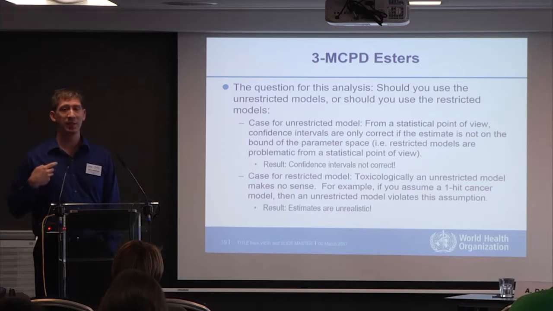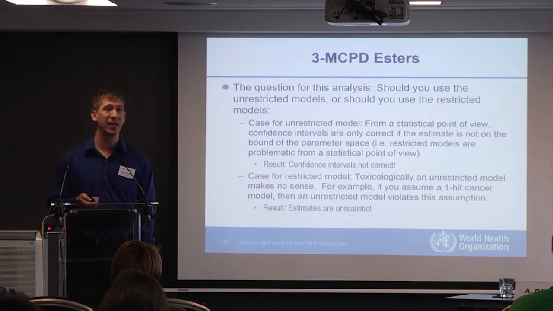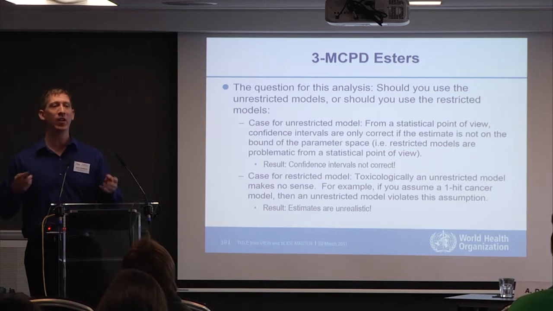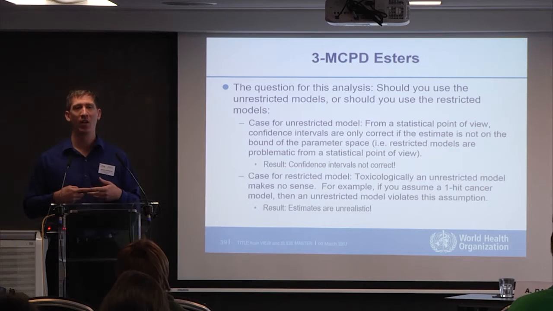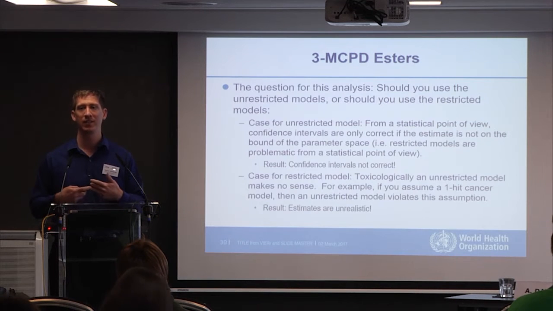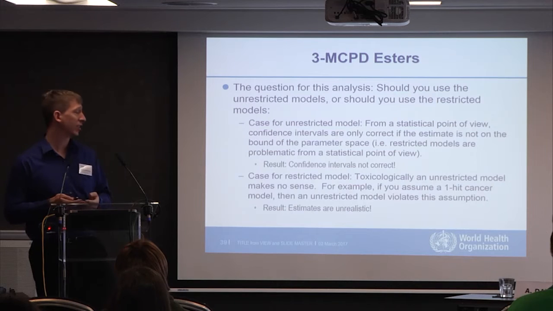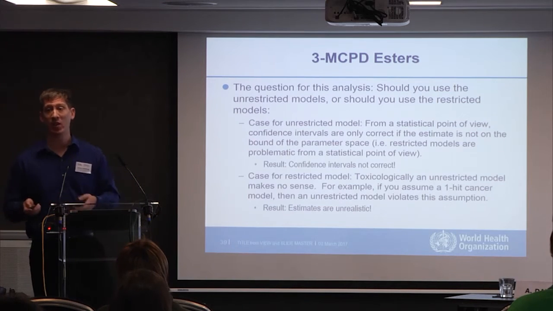And it's basically saying, from a statistical point of view, my confidence interval, my BMDL that I specify, I say 95%, is only valid if it's within the interval. So if I hit a parameter estimate on a bound, all my statistics become invalid. That's just a statistical fact. So the result is the confidence intervals aren't correct.